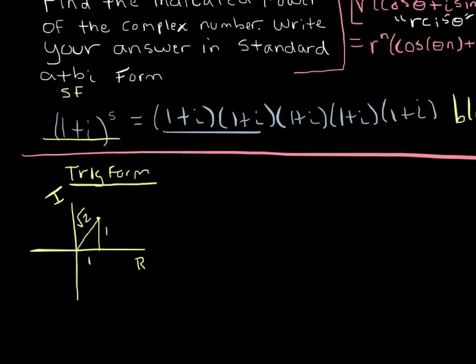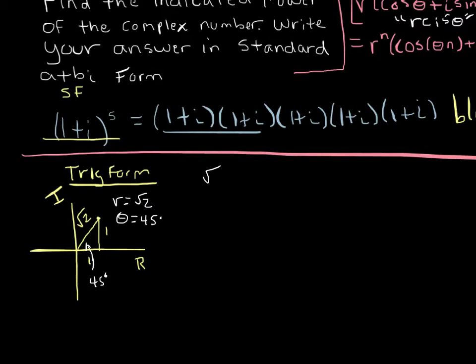So in trig form, r equals root 2, theta equals 45 degrees.